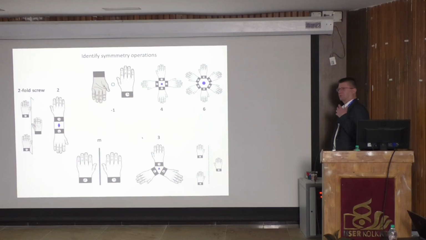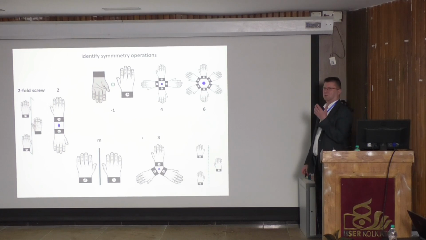Sometimes it's easy that we know and assume the symmetry in a crystal based on the molecular symmetry of our entity. But sometimes you cannot. Often it's not the same. So you might have a highly symmetrical structure in there.